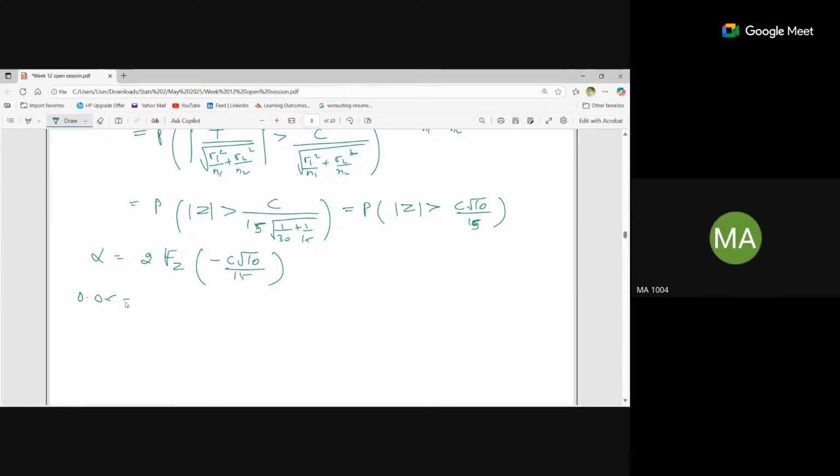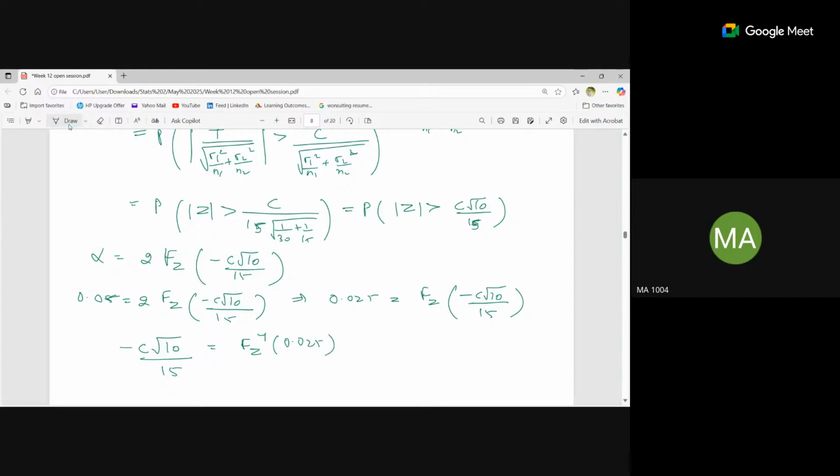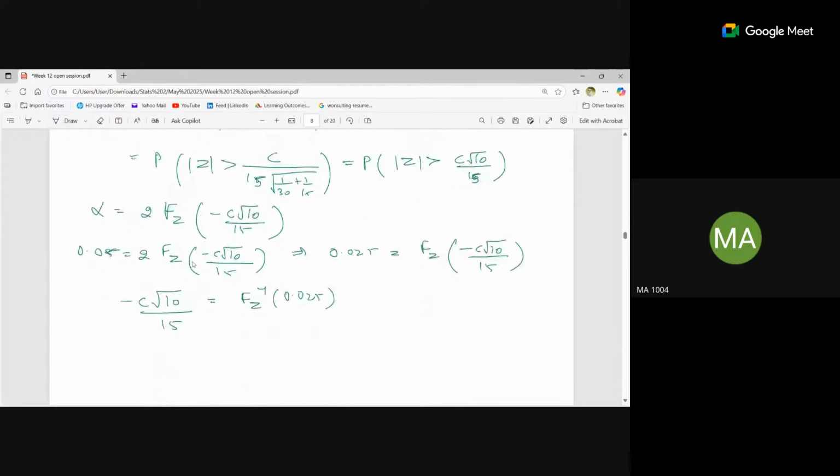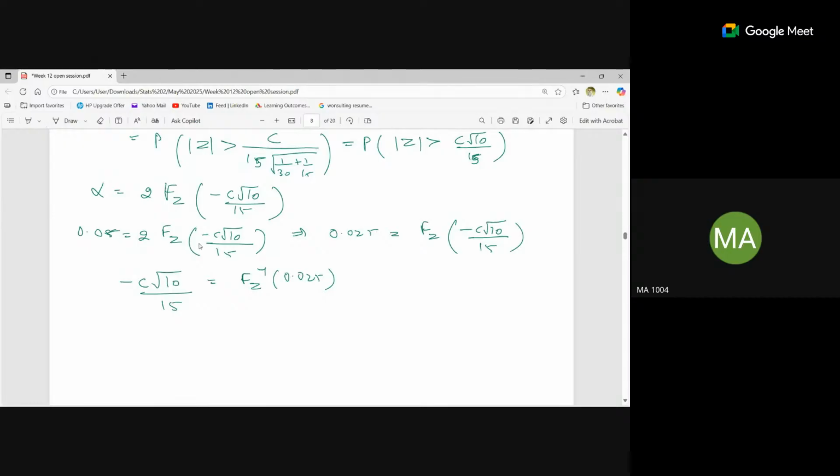Alpha is 0.05, equal to 2 times phi of minus c under root 10 divided by 15. Now this can be written as 0.025 equals phi of minus c under root 10 divided by 15. Now minus c under root 10 divided by 15 equals phi inverse of 0.025. Correct? Till here is it fine?